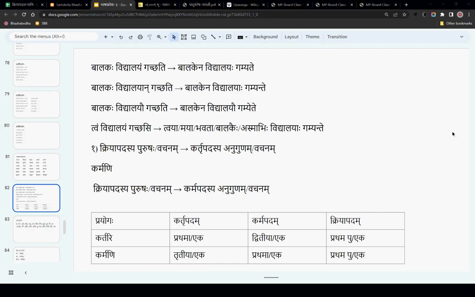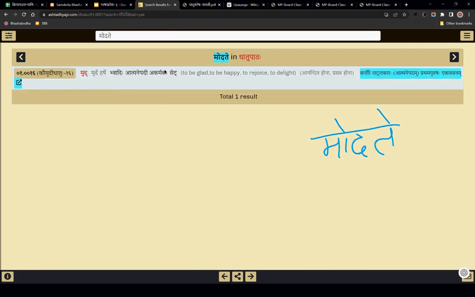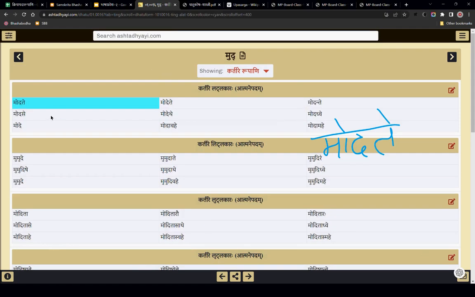Now why I came here was because of the mud dhatu. Modate is the kartari prayoga, and in the simple mud dhatu we just saw modate is there.